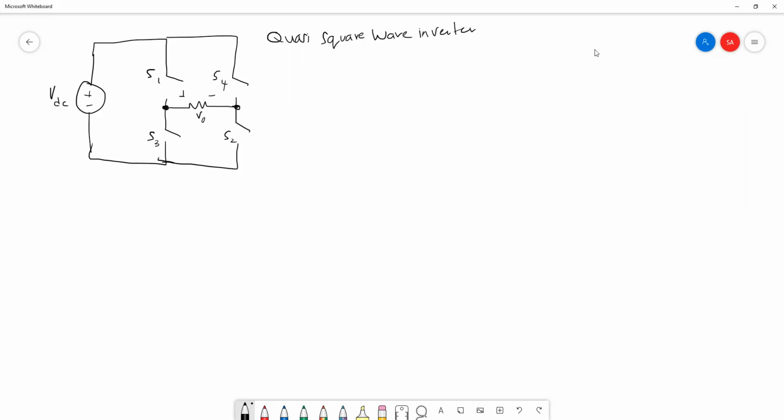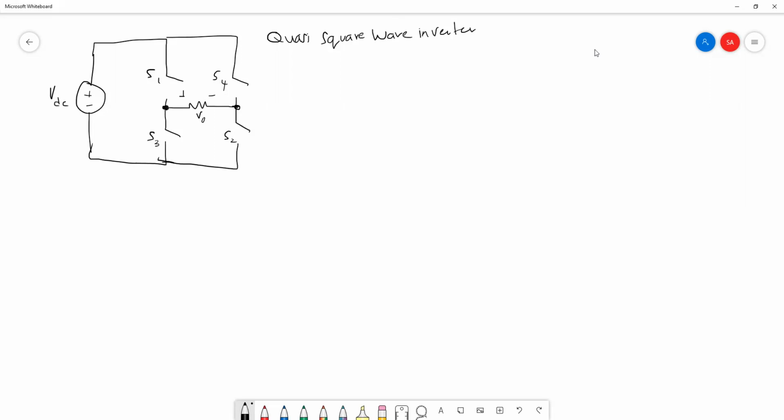So it is not quite good actually, but that can be reduced if we put a filter circuit, which is the low pass filter circuit, at the output terminal of the square wave inverter. It will significantly reduce the THD, maybe down to 5%.